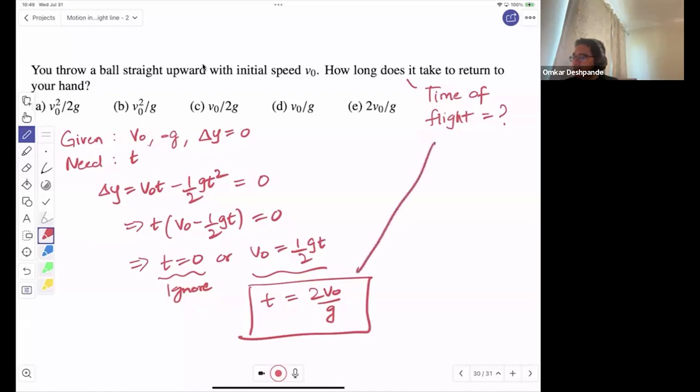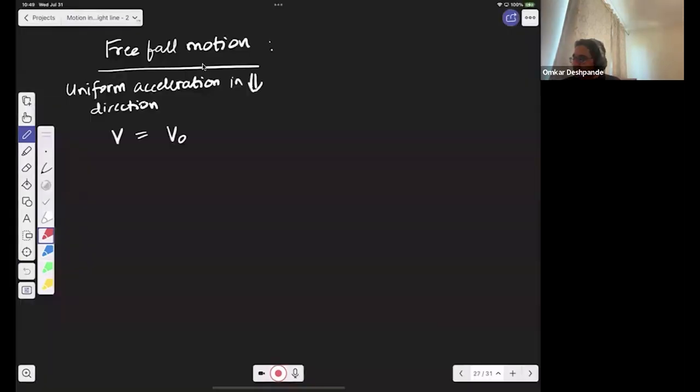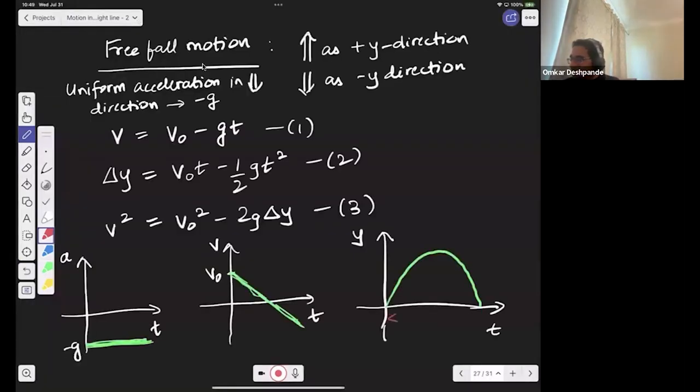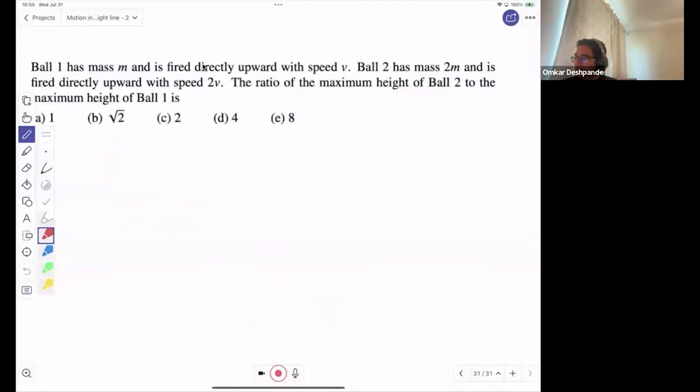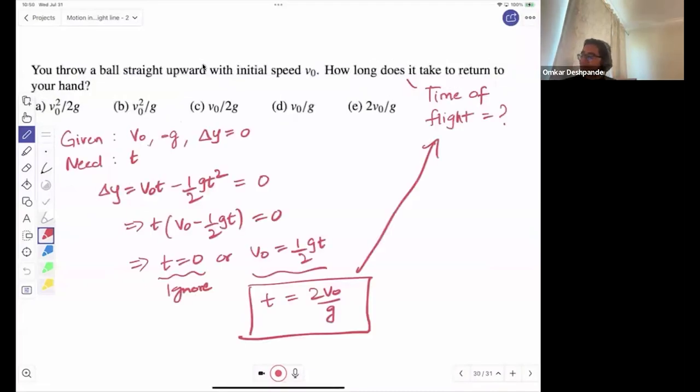This time of flight is commonly used. In the graph here, this is the time we are talking about, the time after which it comes back into your hand: 2v0 by g. So that makes part E correct.